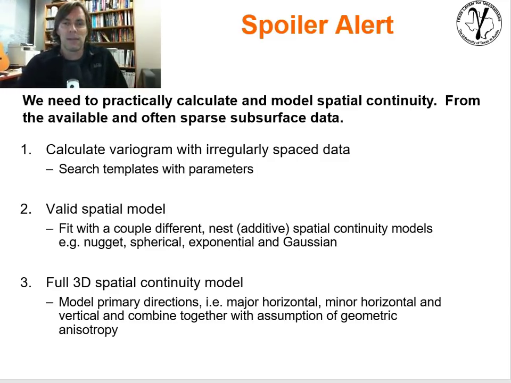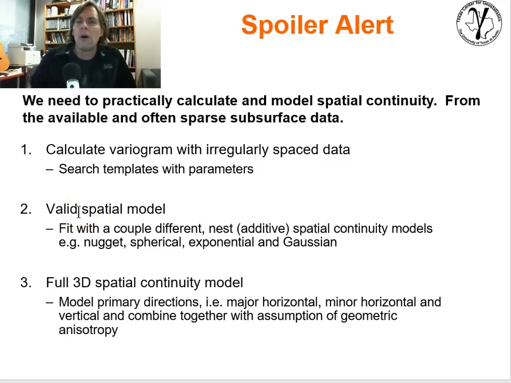And the theme is this: how do we practically calculate and model semi-variogram continuity, spatial continuity, from the available and often very sparse information? How do we get that done? And we've got problems. The first problem is that we have to calculate the variogram with irregularly spaced data. So we need to use search templates with different search parameters in order to get around that problem.